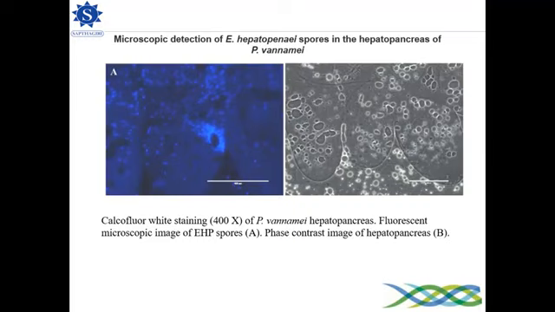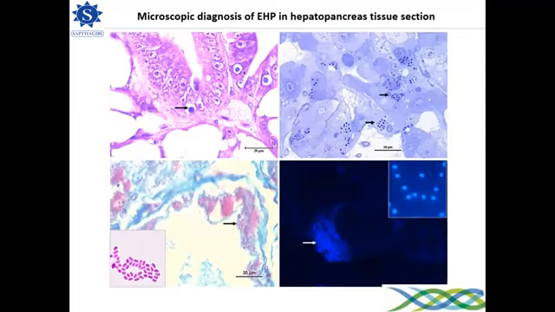So these are sections of EHP infected hepatopancreas. First one is H&E staining. You can see the clearly distorted HP tubules and cells. Second one is a semi-thin section for EM. You can see the blue dots, that is heavy infection in almost all the cells.